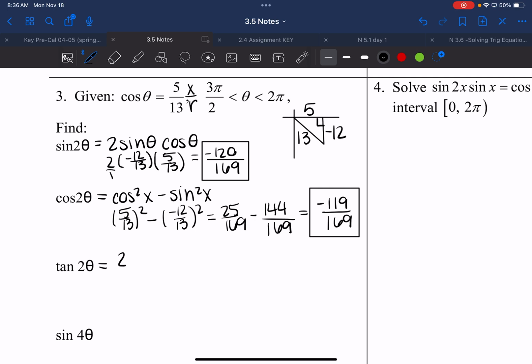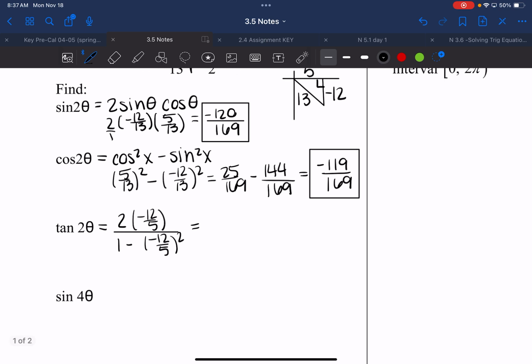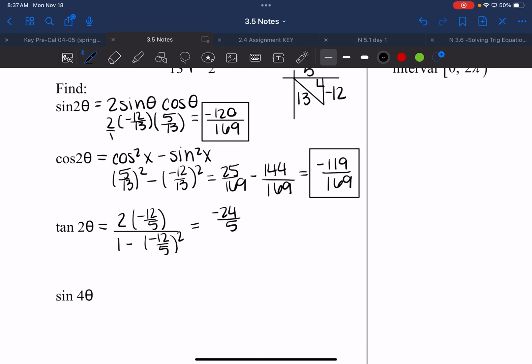So 2 times negative 12 over 5 over 1 minus that same value, negative 12 over 5 squared, right? Okay. So in the numerator, I'm going to have 2 times negative 12 over 5, which would be good.